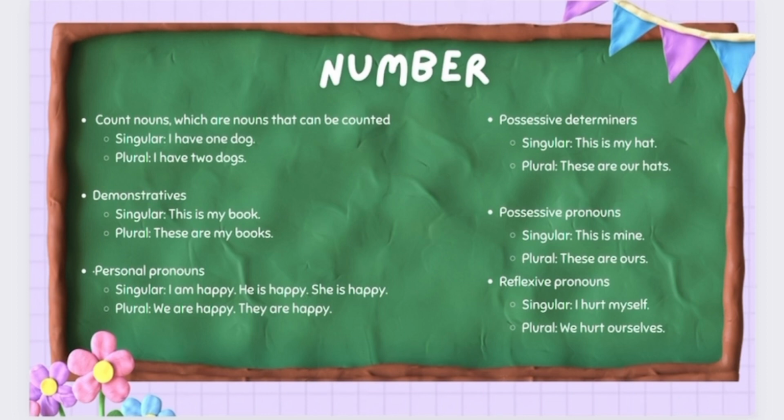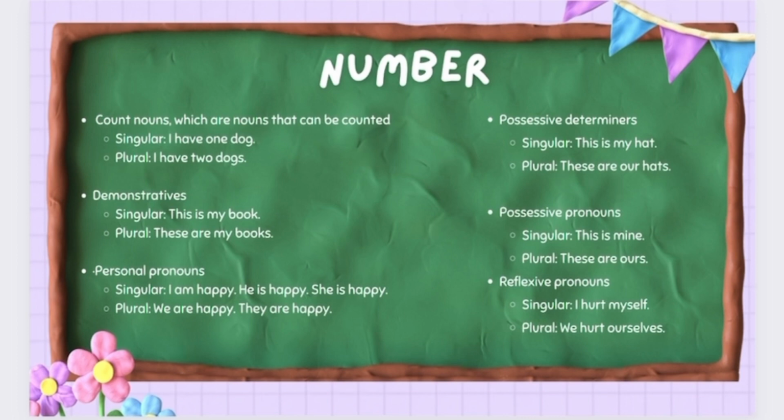Demonstratives, which are words that point to something, this or these. Personal pronouns, singular forms, I am happy, he is happy, or plural, we are happy, or they are happy.